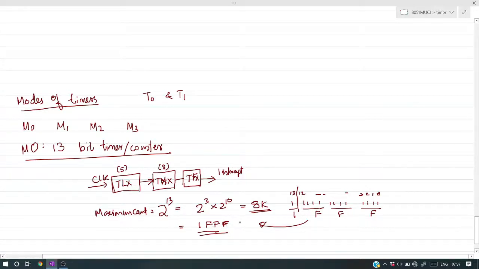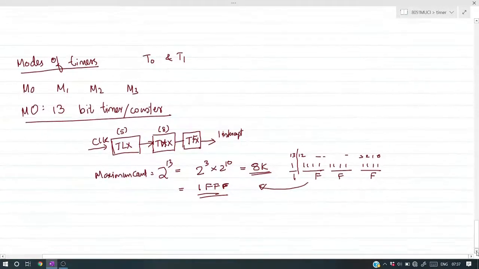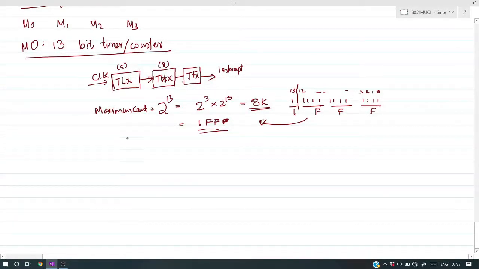Here, one thing to be noted is that the lower byte is 5 bits. It will overflow exactly at 2 raised to 5. Clear? All 5 bits become 1, and after that it will overflow. 2 raised to 5 is 2 raised to 3, which is 8, into 2 raised to 2, which is 4, so 32. The counter will count based on the clock.